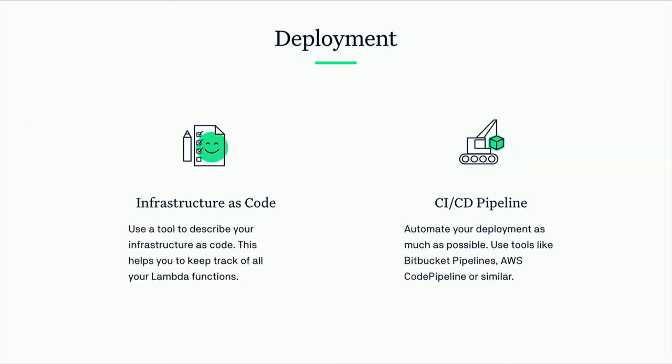So in order to avoid that, I strongly suggest using something to describe your infrastructure as code. You can use one of the previously mentioned frameworks like the Serverless Framework or the Serverless Application Model from AWS to describe your infrastructure and also make sure that your code is deployed and up to date, and you can better say what is currently deployed in your stack. If you then combine this with a CI/CD pipeline, that makes it even better and less error prone.